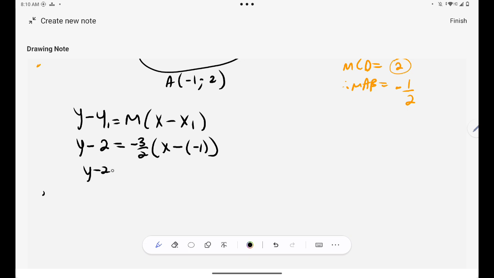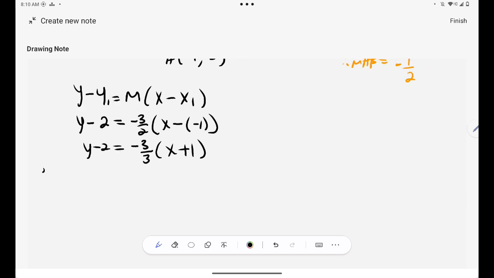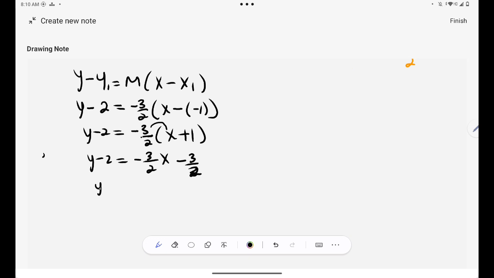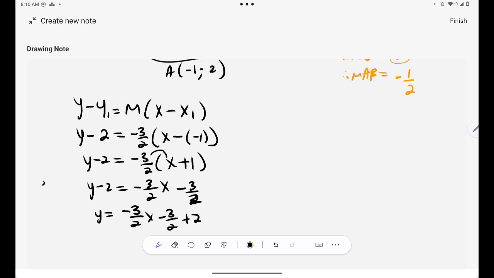So I'll have y minus 2 equals negative 3 over 2 times x plus 1. Then I'll have 3 over 2 there. 3 over 2 times x is 3 over 2x, minus 3 over 2. Then when I bring the 2 to the other side, I'll have negative 3 over 2x minus 3 over 2 plus 2.